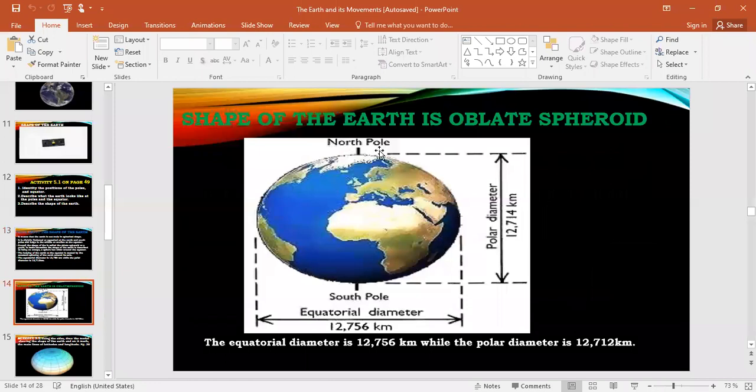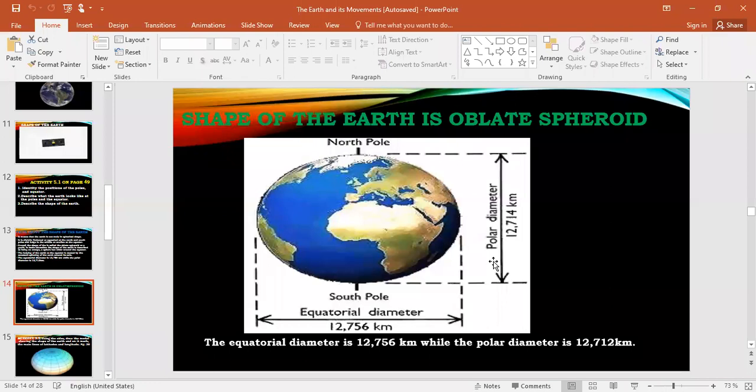Then for the north and southern pole, the polar diameter is here. So that's why it is oblate spherical in shape, because we don't have equal diameters. The equatorial diameter is not the same as the polar diameter. They are slightly different, making it to be in this form.